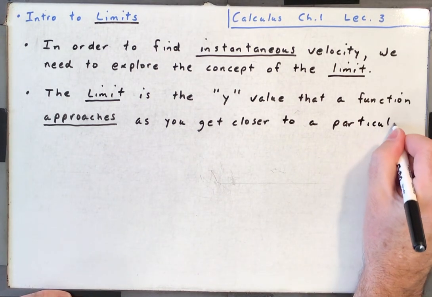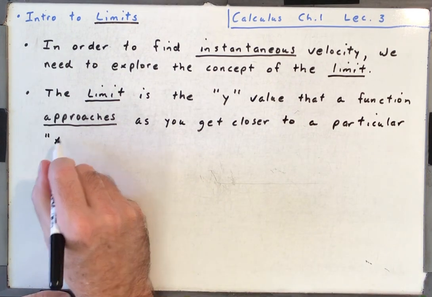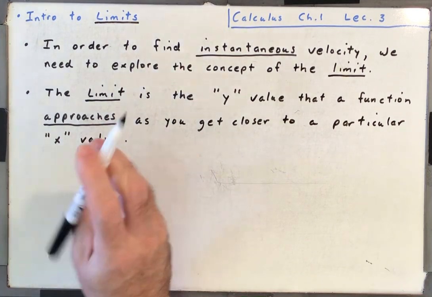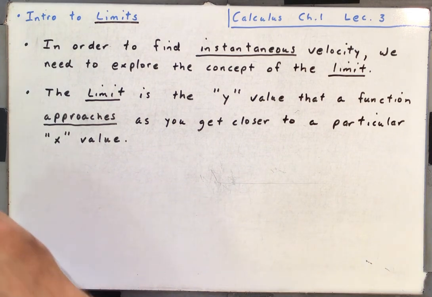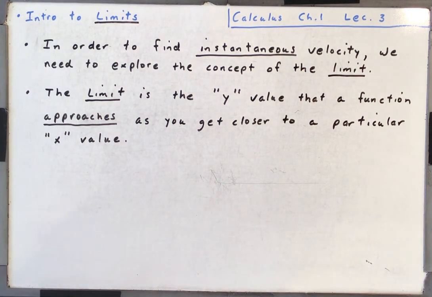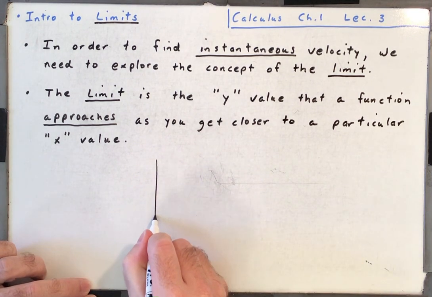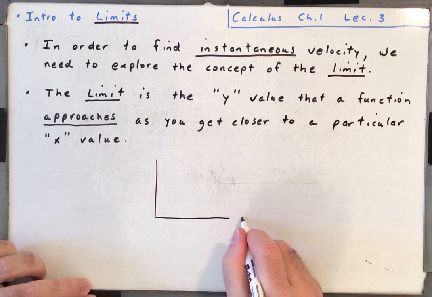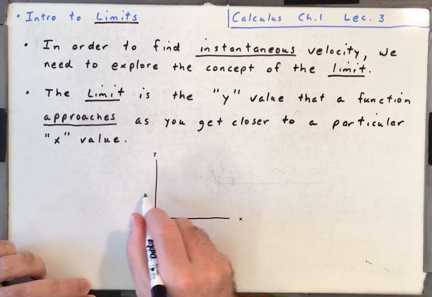So think about this as a graph. We're mapping a function out on a graph. Okay, get a new marker here. We'll draw this out. Okay, so let's say we have a function. X-axis, y-axis, and it doesn't matter how we draw it.